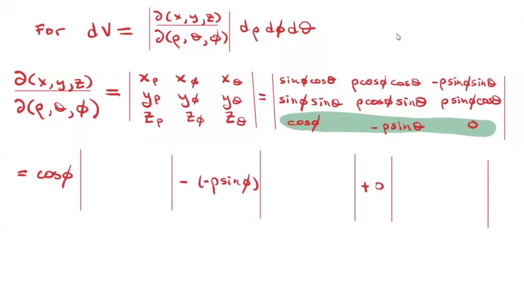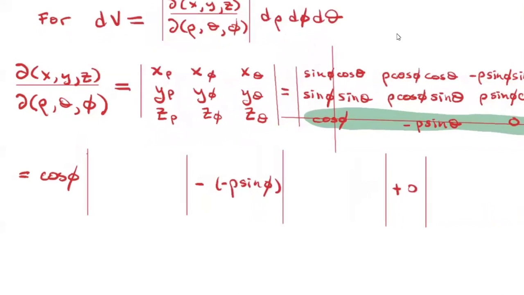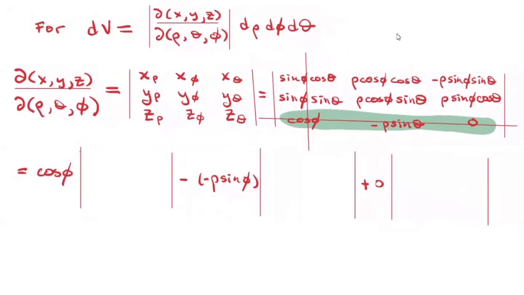Okay. So when I do the cos phi, I have to block out the row and the column for the cos phi. So I'm about to kind of cross out the column and the row for the cos phi and do that 2 by 2 determinant that's up there. So I'm going to try and write small here. I start with the row cos phi cos theta. And then the negative rho sine phi sine theta.